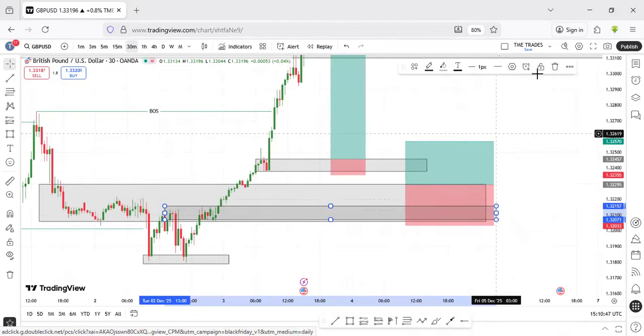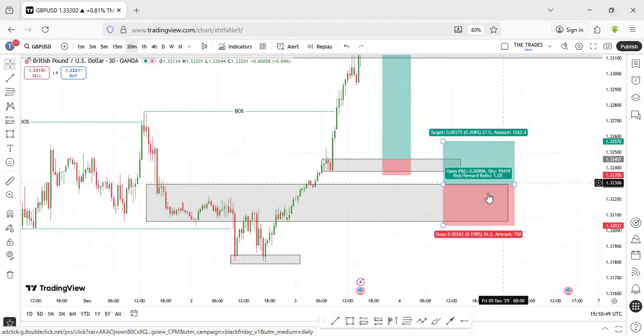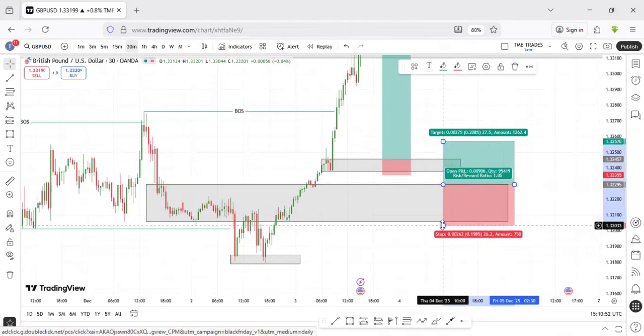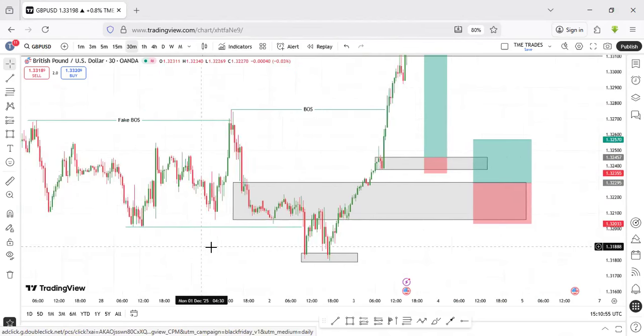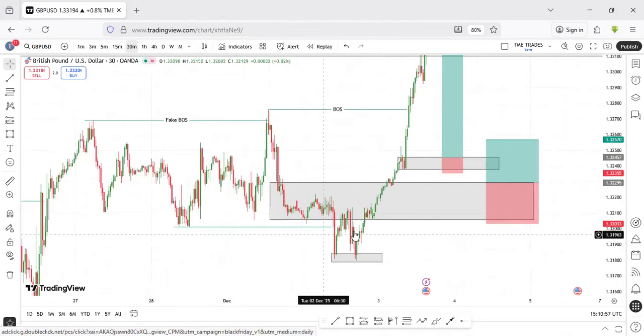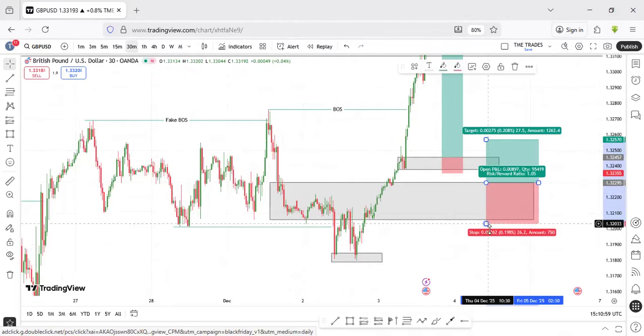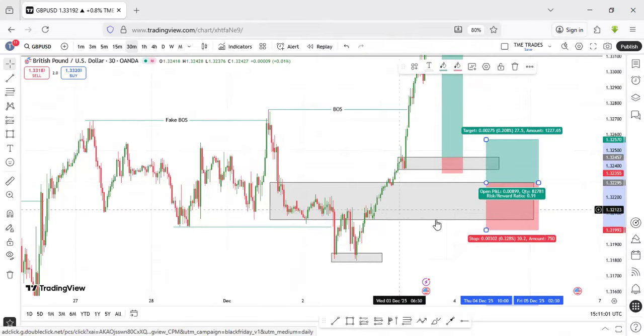So let's quickly delete this and leave the order like this. So here will be my stop loss. Why? Because this is below this particular level of support that is going to turn to resistance that is going to turn to support now.